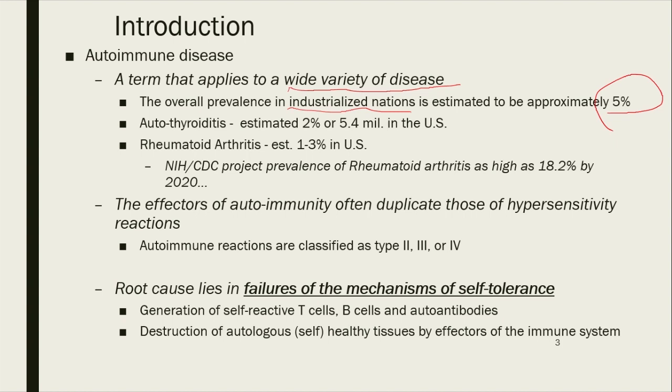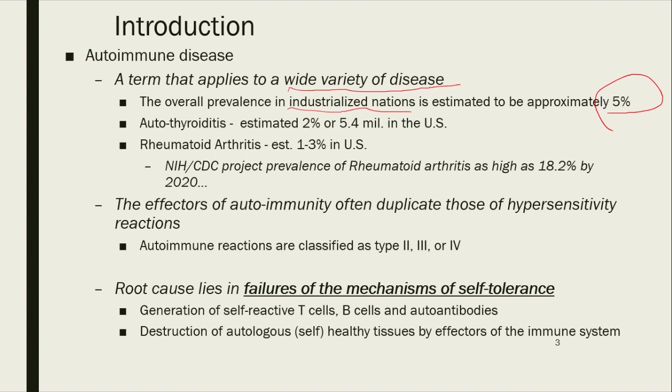So for some reason, like allergy, like what we talked about last week, this appeared to be a higher prevalence or incidence in industrialized countries compared to other countries that are not so much industrialized.